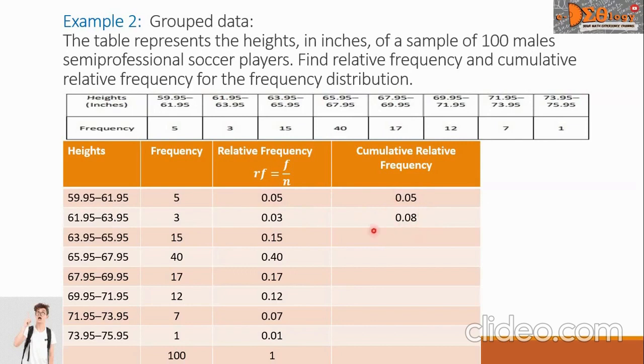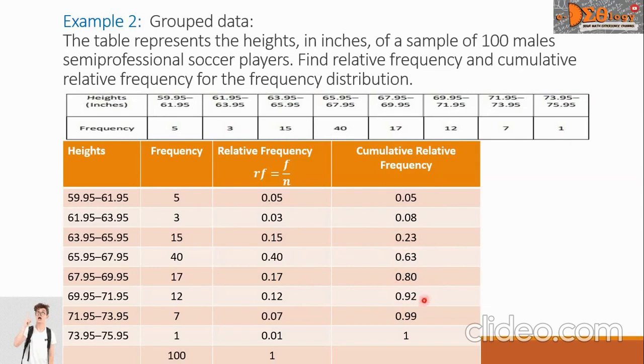0.08 is added to 0.15, and that is 0.23. The 0.23 plus 0.40 will get 0.63. 0.63 plus 0.17, we will have this 0.80. 0.80 plus 0.12, we will get 0.92.